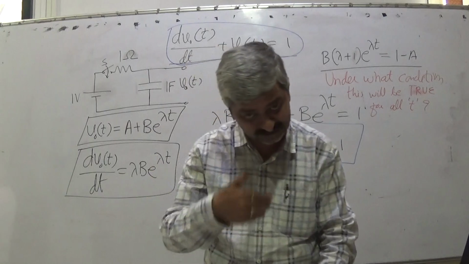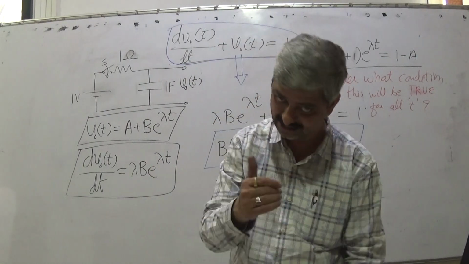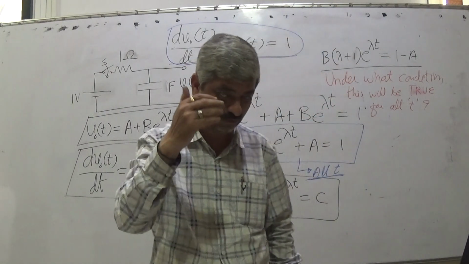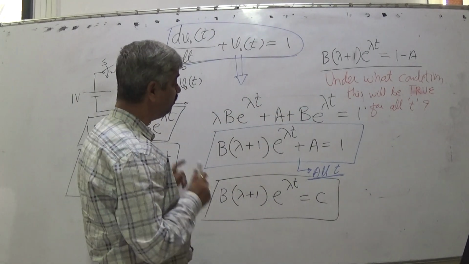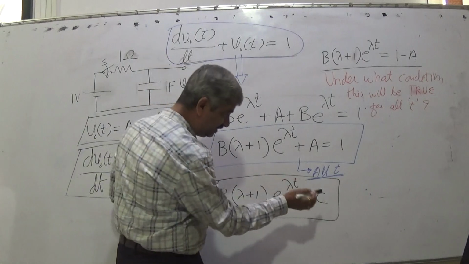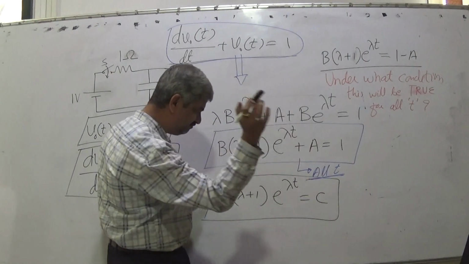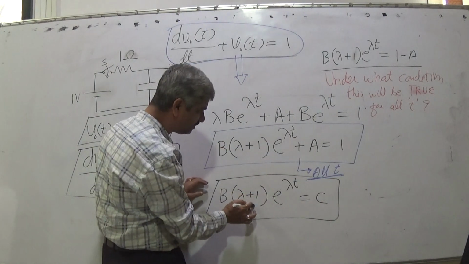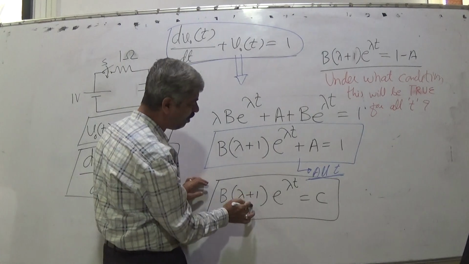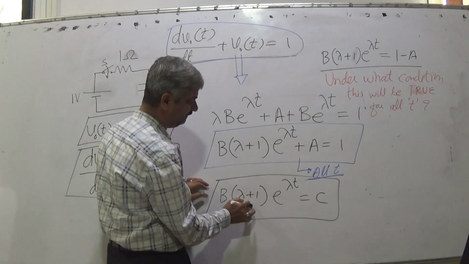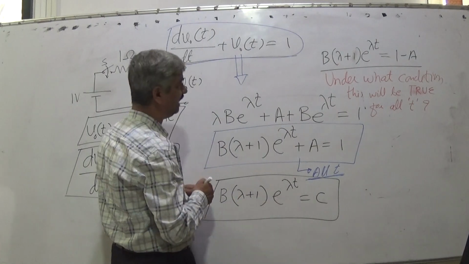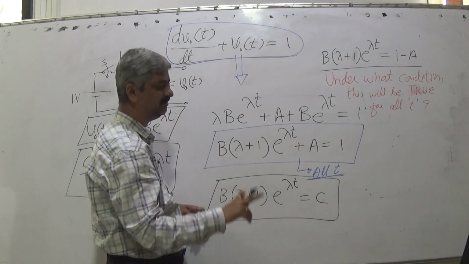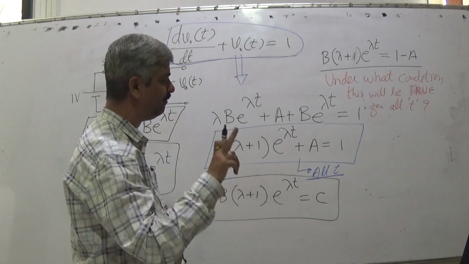There is one more simpler method to solve this that I will also explain, but I want you to understand it. This is possible only if the left hand side, LHS, is constant irrespective of the value of t.